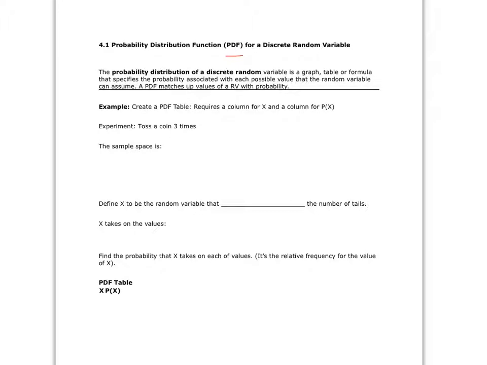All right, so let's look at an example where our goal is to create a PDF table, and it's going to require 2 columns. So we need a column for values of x and a column for values of probability. And if we take the experiment to be we toss a coin 3 times, we first want to write down what the sample space is. What are the outcomes that we can get? Well, we can get all 3 heads.